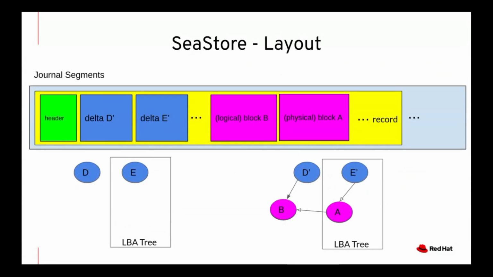So the left side here is the state prior to the transaction, and the right side here is the state after the transaction. D prime and E prime are the mutated versions of those two blocks, and B and A are new blocks being added to the tree.